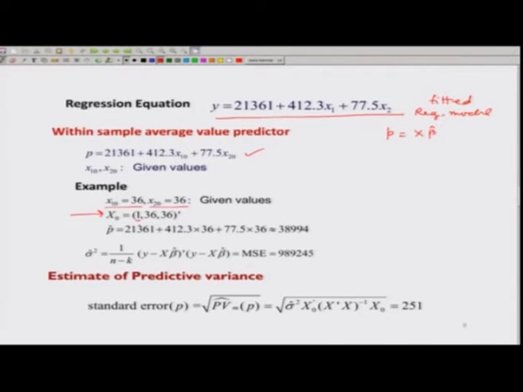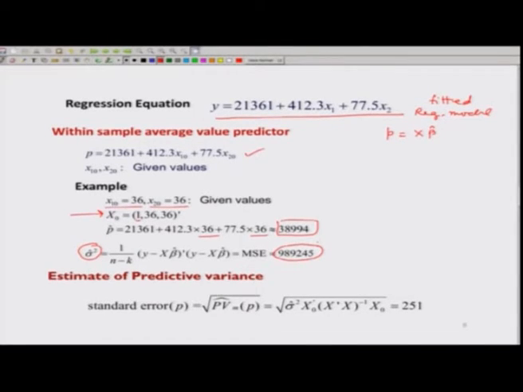Now we substitute these values of x1 naught and x2 naught in the predictor, and we obtain the predicted value, which is obtained here like this. The value of sigma square hat is obtained directly from the analysis of variance table that we had obtained from the software.